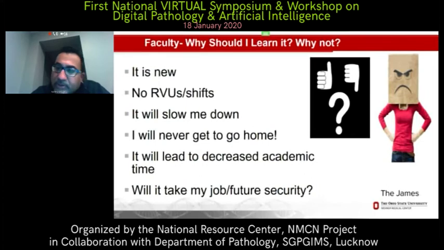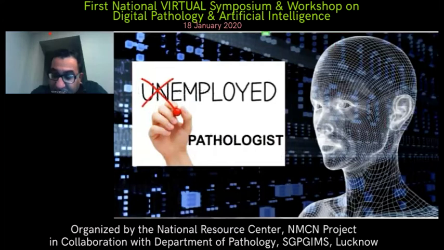They are afraid this will slow them down. They're afraid they will never be able to go home, and it'll lead to decreased academic time. And they're also concerned that when you use AI, and if AI is not implemented appropriately, will it replace the pathologist?